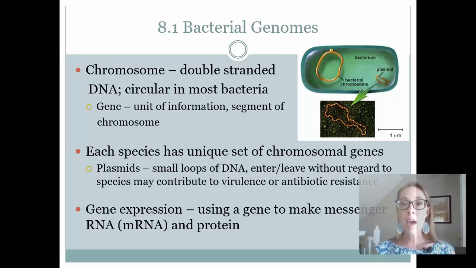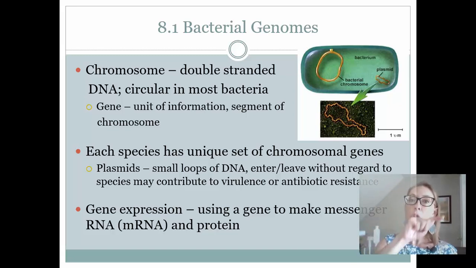We have said that a chromosome is a long stretch of double-stranded helical DNA, with base pairing across the helix where A's pair with T's and C's with G's. In the vast majority of bacteria, the chromosome is going to be a circular piece of that DNA. There are some that are linear, but in general, they're going to be circular.